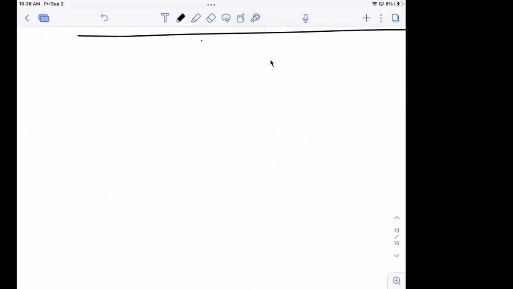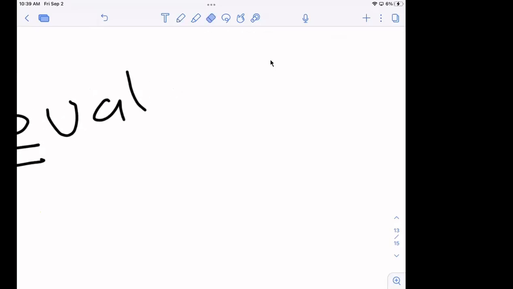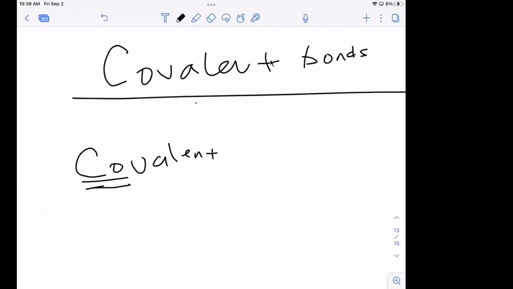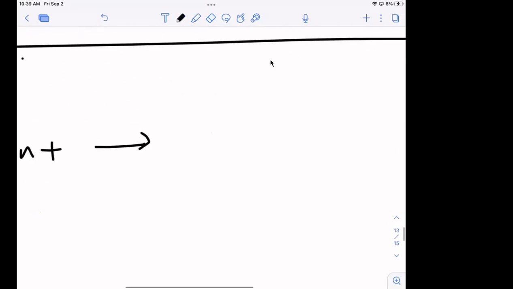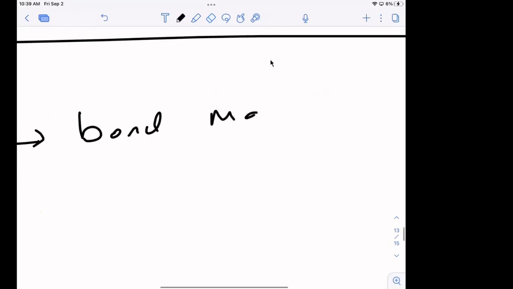I'll just write the example out when it's time. So the term covalent, I'm going to underline the prefix co. That's the term we use to talk about a bond that's made by sharing electrons.